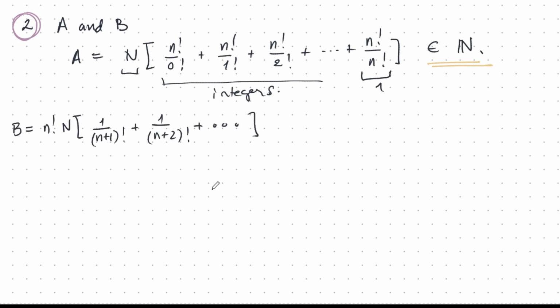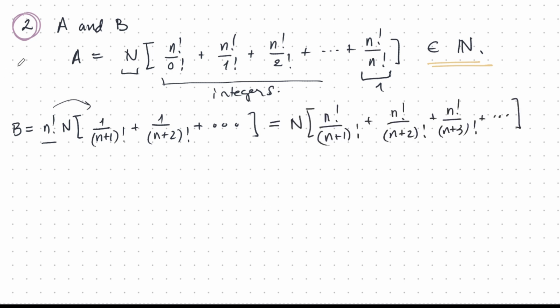Now let's take a closer look at B. What I can do here is take this little n factorial and multiply it through on every term. So I get this, and I get all this fun factorial stuff, which is a lot of fun to cancel out, and you see that all of the factors that are below n plus 1 get canceled out, and I'm left with the following.